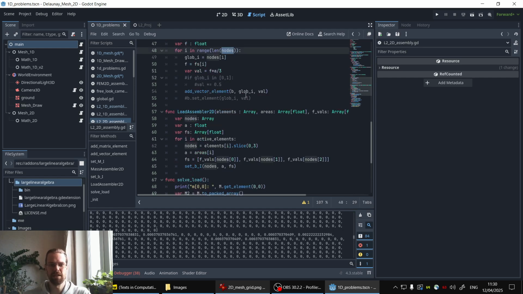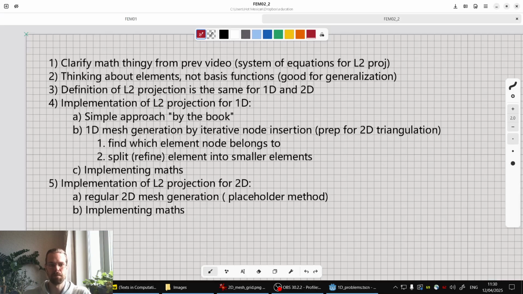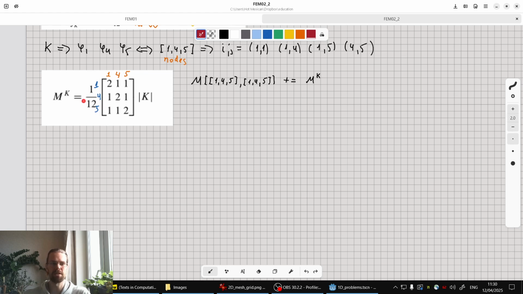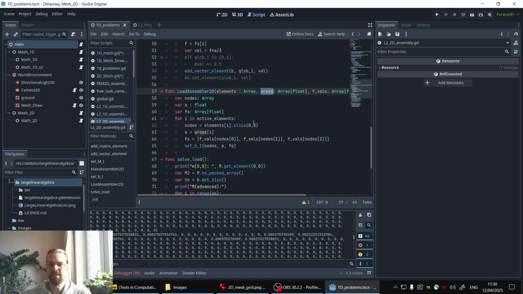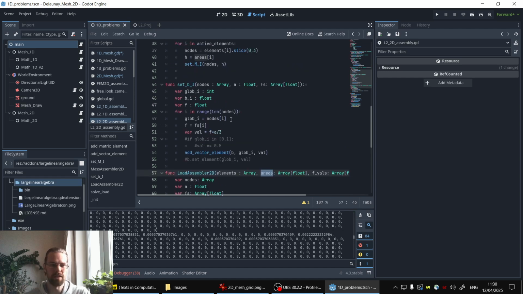There's really no difference, but we have interval widths, and now we have areas, and then we have slightly different coefficients for our smaller matrices. For one dimension it was 1/6, here it's 1/12. Nothing really changes. I just copy pasted them and changed just A to H basically. So this is the nice thing.